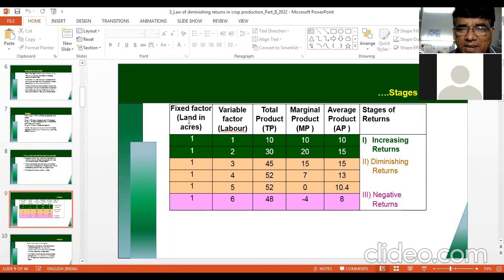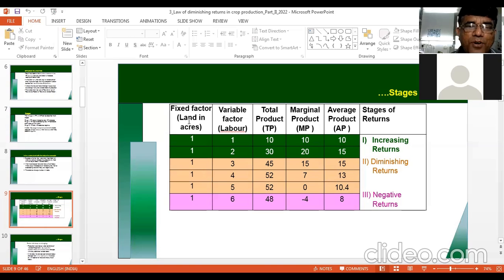But now see a very interesting fact. When you are getting the increasing return, the variable proportion of the factor was 1:1. See, fixed factor land is 1, your variable factor labor is also 1. When you have 1:1, your marginal product is 10. And when you have 1:2, 1 land and 2 labor, then your marginal product is 20.